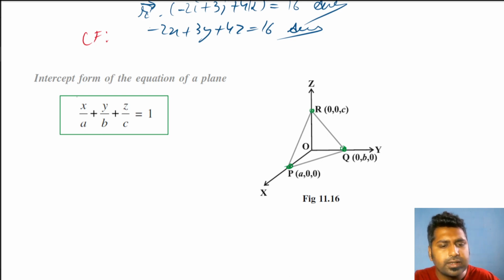And suppose they ask you where the plane will intersect rather than this, what you do is you make the right side 1. We'll discuss these questions later, all the problems of planes. So this is just the form, simple enough.